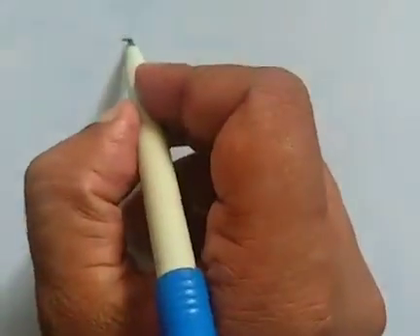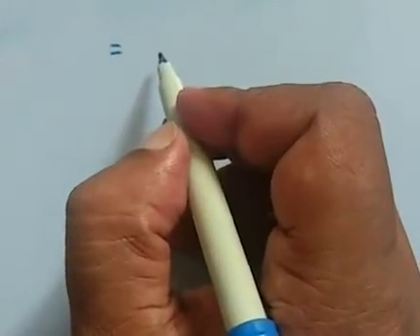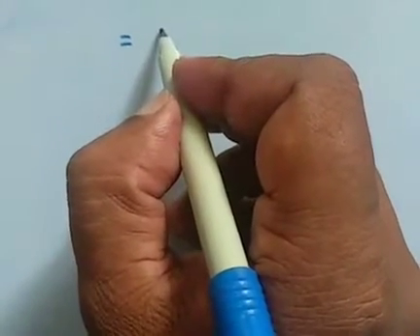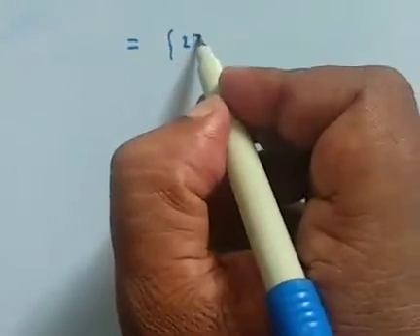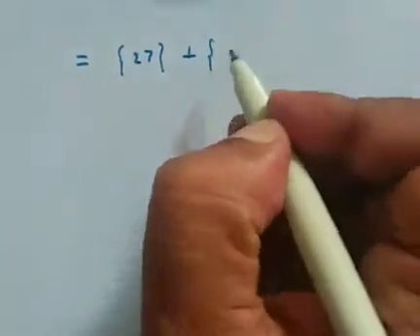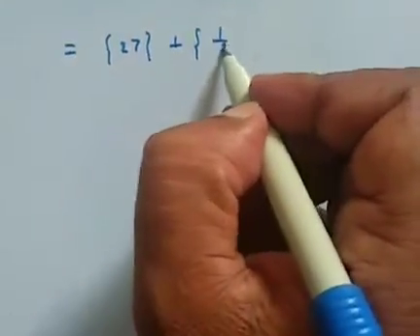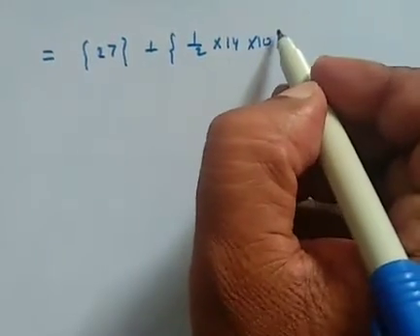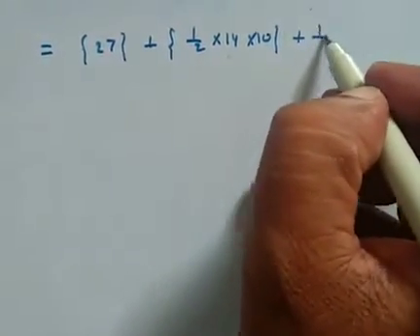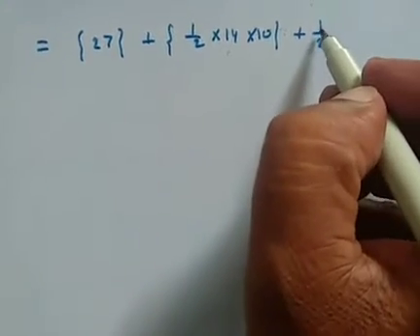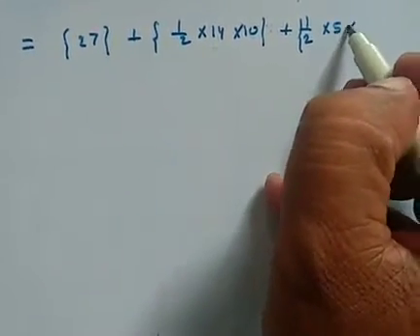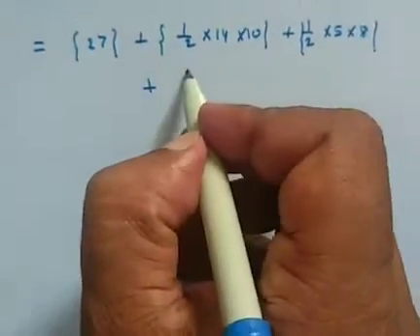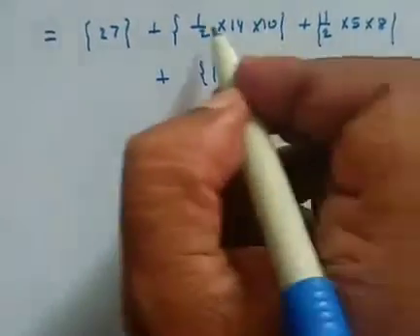equal to 27 plus half into 14 into 10 plus half into 5 into 8 plus 108.